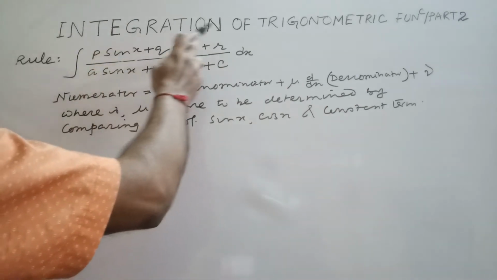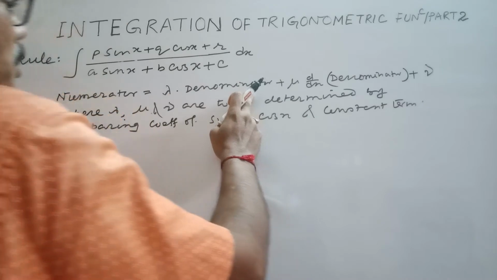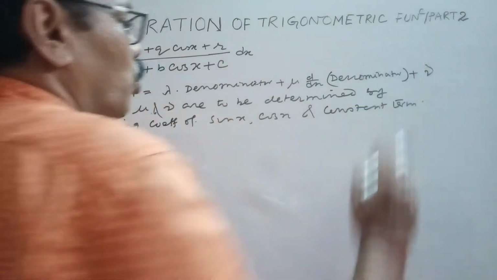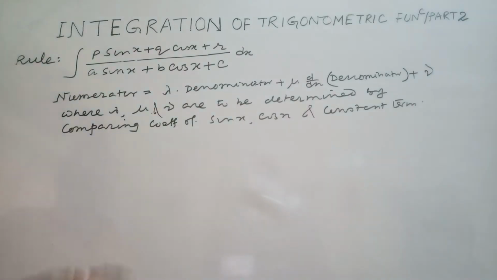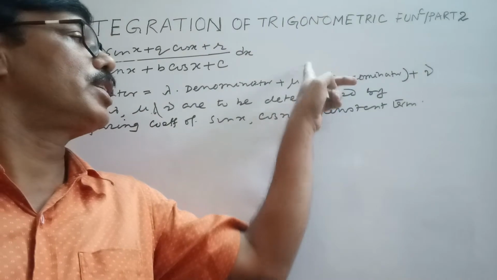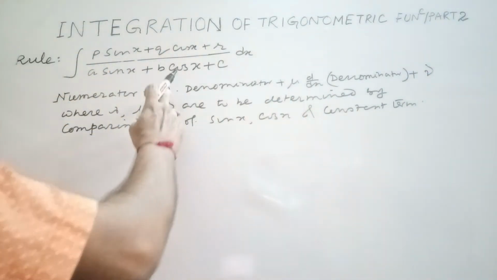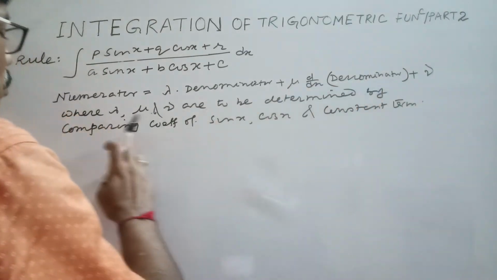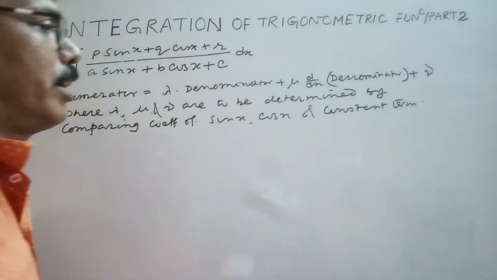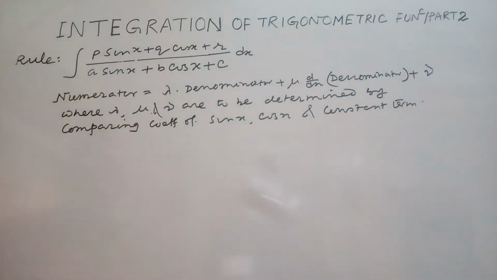Express the numerator as lambda into denominator plus mu into d/dx of denominator plus nu, where lambda, mu, nu are to be determined by comparing coefficients of sin x, cos x and the constant term. So, this is our rule.